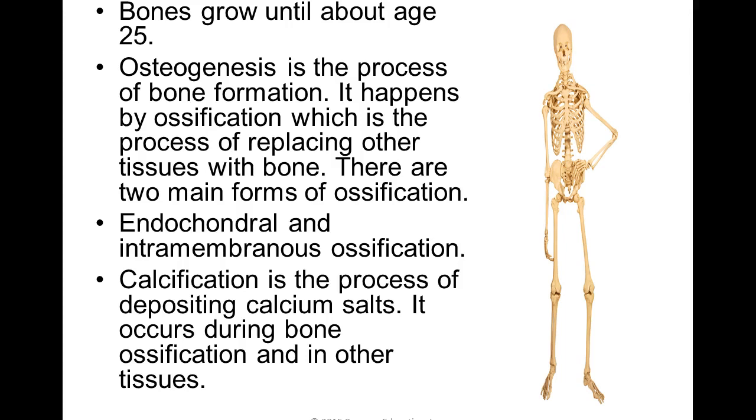Just some fun facts, I guess, or not so fun facts. Certain parts of the bones grow until you're about 25, and then after that, no more growth but maintenance. This concept of osteogenesis is the process of bone formation, and it happens in an activity called ossification. I've used these terms many times already. There are two main types of ossification.